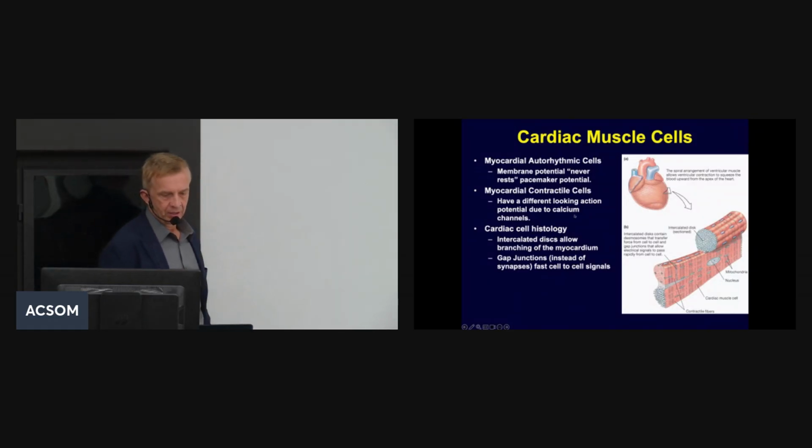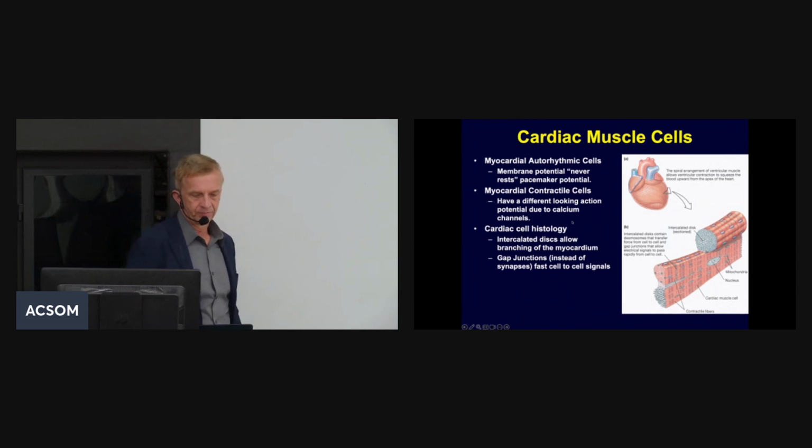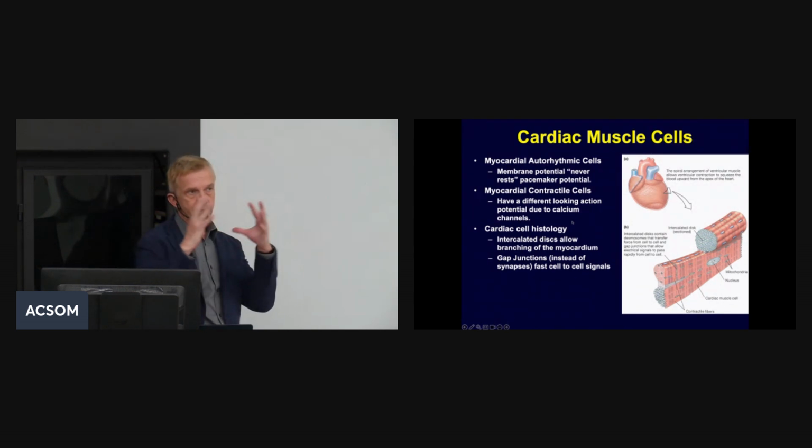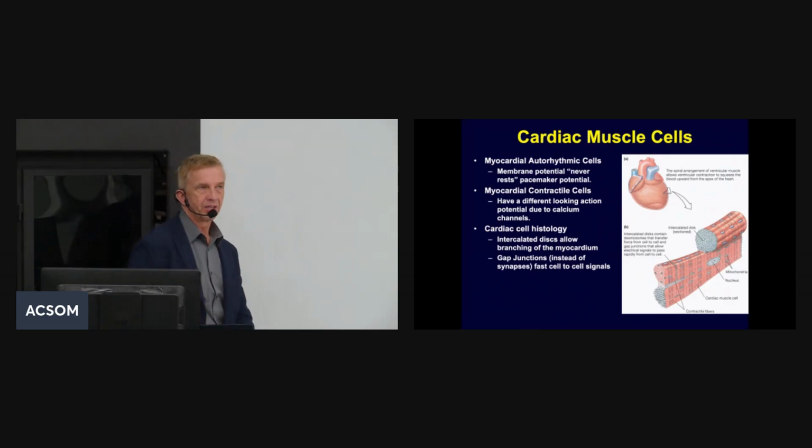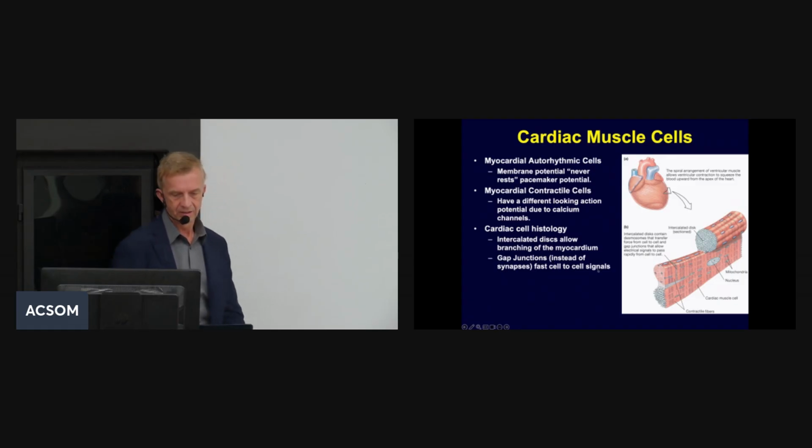How is the impulse created to basically create this functional syncytium? The impulse has to go through the muscle cells very quickly, and there are so-called intercalated discs. I think did you learn it in the anatomy? Yes or no?